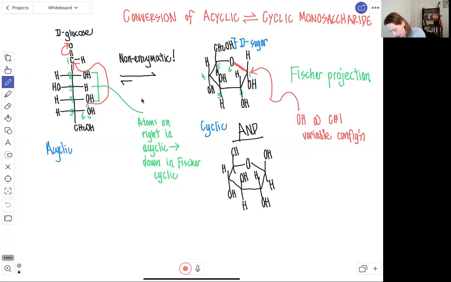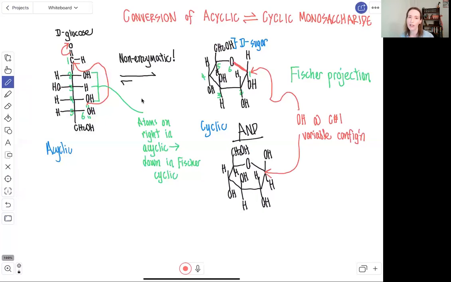If I've done this right, all of the groups from position 2 through 5 are oriented the same way in the top structure as the bottom structure. The only difference between the two structures is the variable configuration of the hydroxy group at position 1.